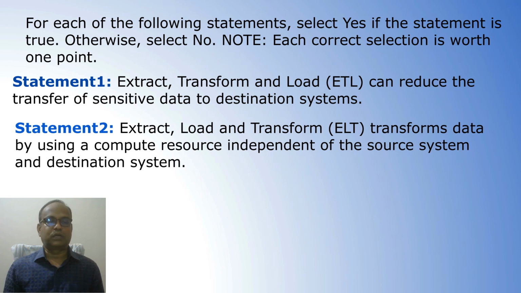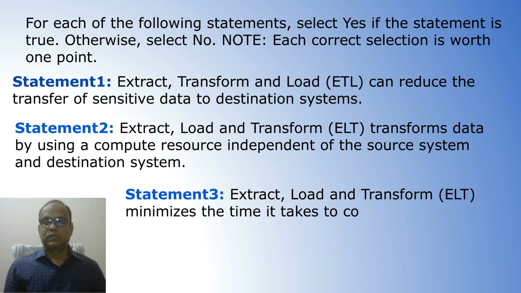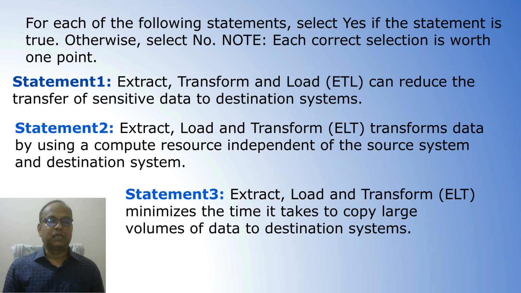Extract, load and transform ELT transforms data by using a compute resource independent of the source system and destination system. Statement 3. Extract, load and transform ELT minimizes the time it takes to copy large volumes of data to the destination system.